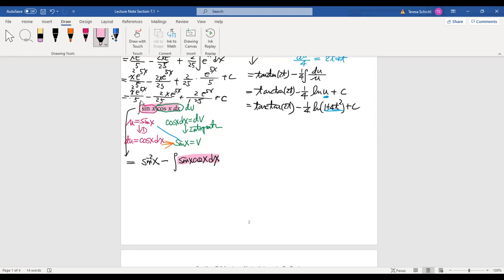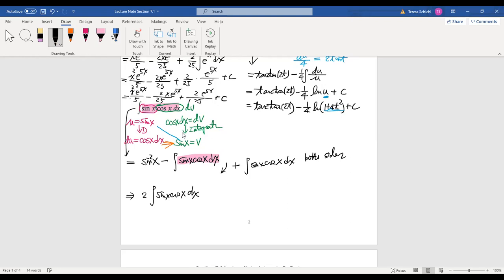So now you say, because I'm looking for the integral of sine x cosine x, let's try this. Let's move this whole part to the left-hand side. That means I add the integral of sine x cosine x dx to both sides. If you add both sides, what happens? You will have 2 times the integral of sine x cosine x dx.